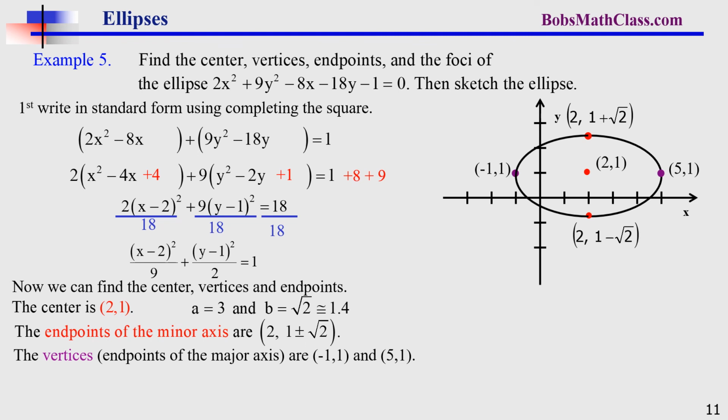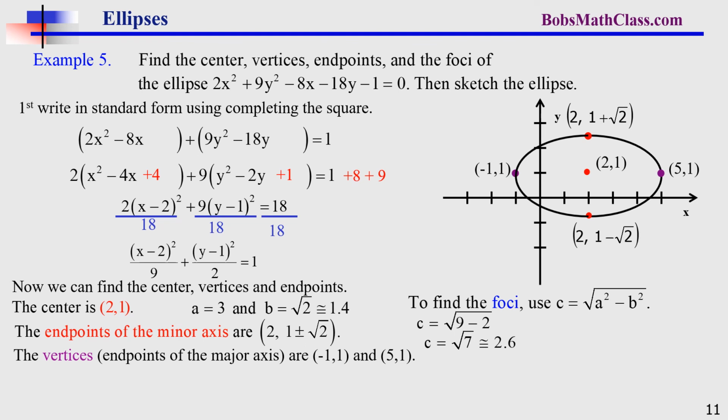Endpoints and our vertices. What's left? Oh, right, the foci. Okay, so we're going to use a squared minus b squared. Yes, 9 minus 2. 9 minus 2 would be 7. Again, not a pretty number, but it's okay, we've got to deal with it. That's about 2.6.